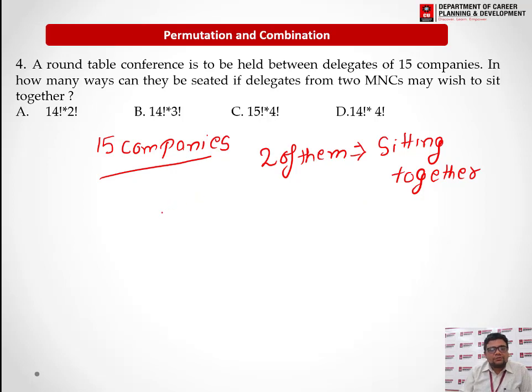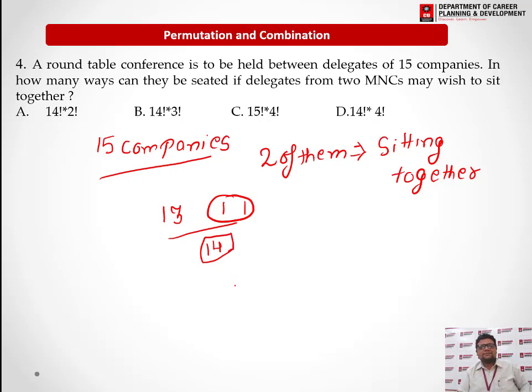So the remaining is how much? There are 13 remaining, and we will take a group of those 2 persons. So in total we have 14 persons which we have to arrange. In how many ways can we arrange these 14 persons? A round table is a circular permutation, so it will be 13 factorial, multiplied by 2 factorial since these two persons can also be arranged.